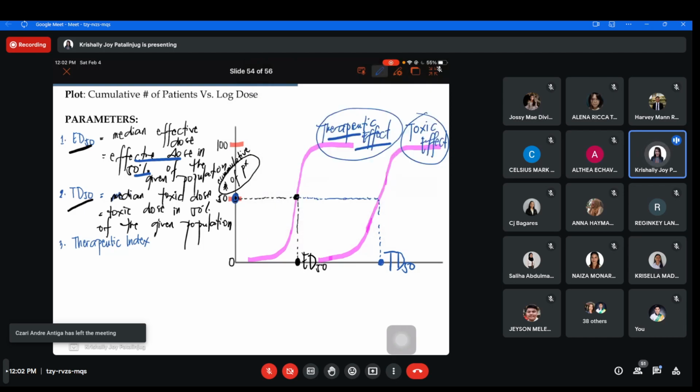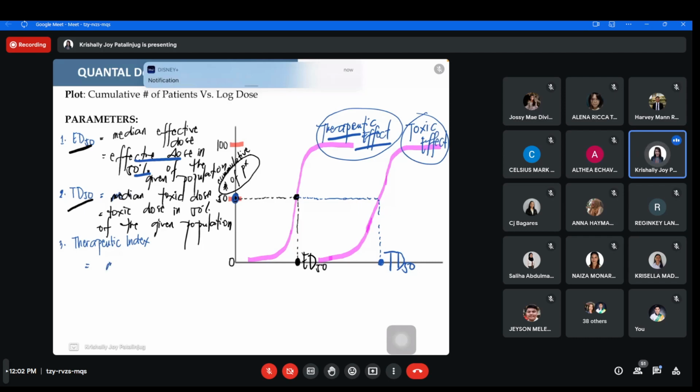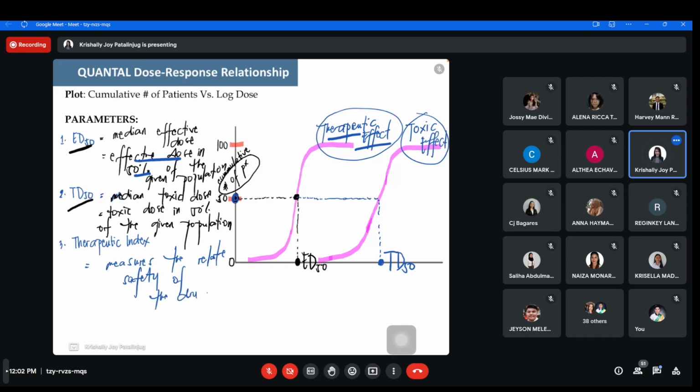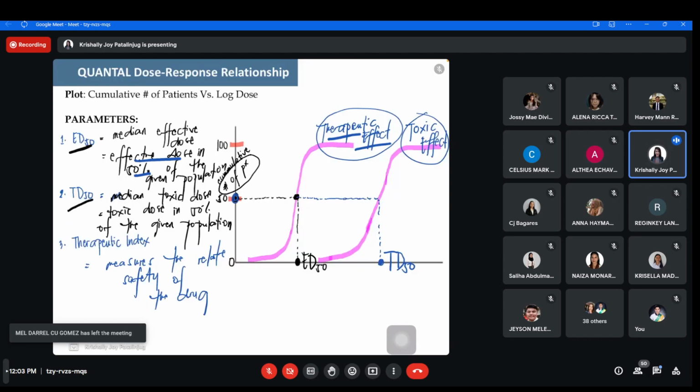Okay? And then kapag naman therapeutic index, it tells us about the safety of the drug. It measures the relative safety of the drug. Okay? And we have a formula to determine the therapeutic index of that drug.